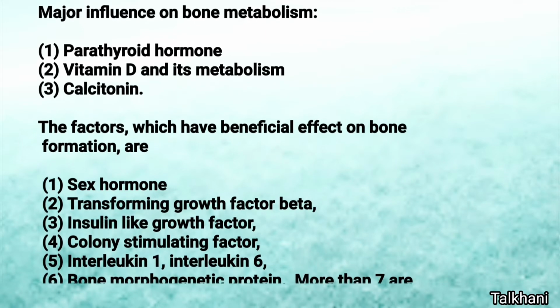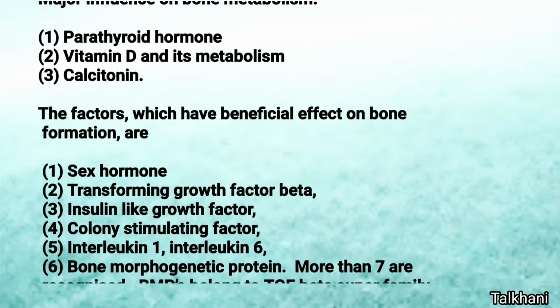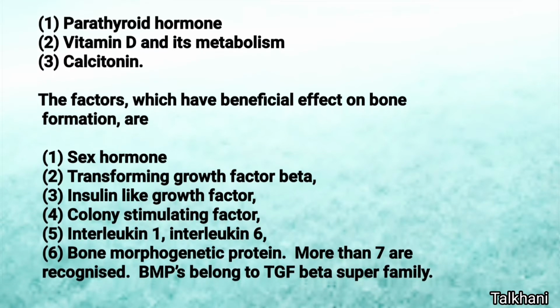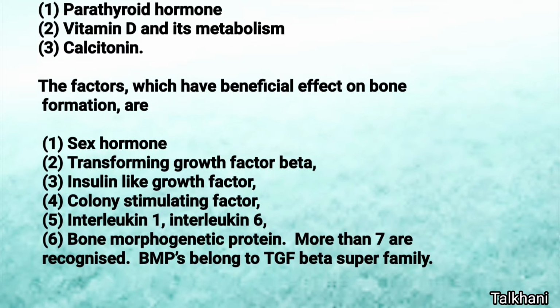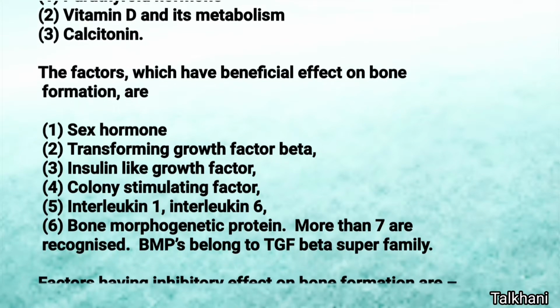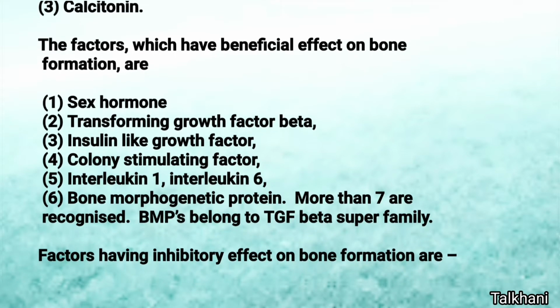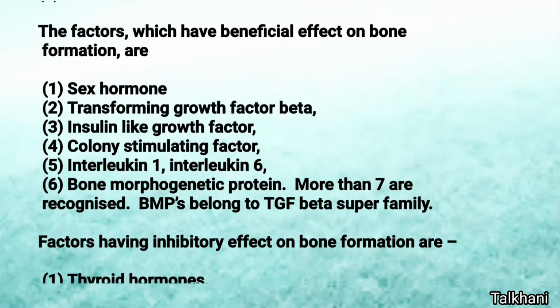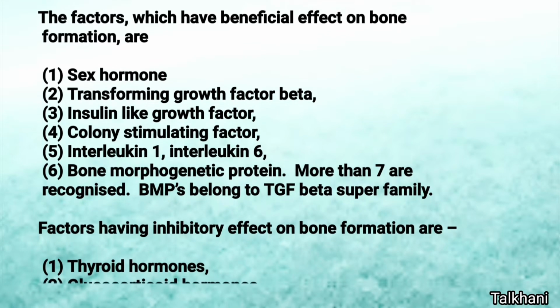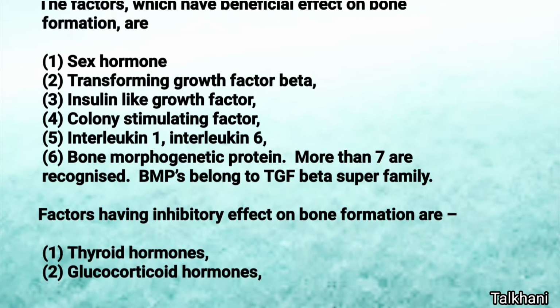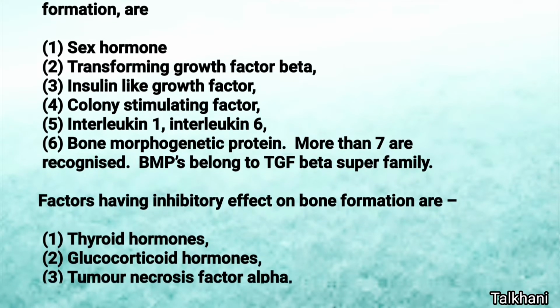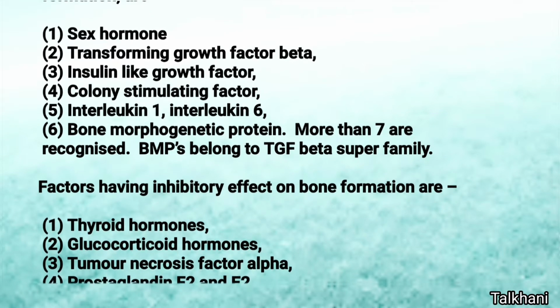More than 7 BMPs are recognized. BMPs belong to TGF-beta superfamily. Factors having inhibitory effect on bone formation are: number 1, thyroid hormones; 2, glucocorticoid hormones; 3, tumor necrosis factor alpha; 4, prostaglandin F2 and E2; and 5, leukotrienes.